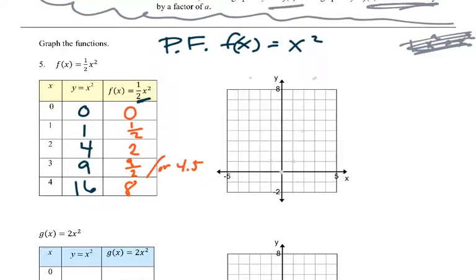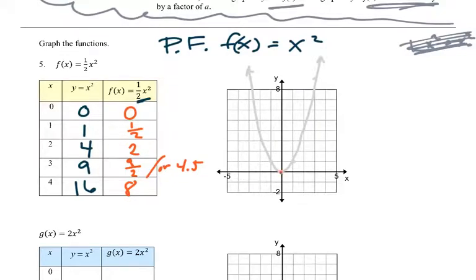Here we go. So we have that parent function graphed in light gray. Okay, and let's see what happens. So we'll do the new points from the stretched or shrunk version in red.